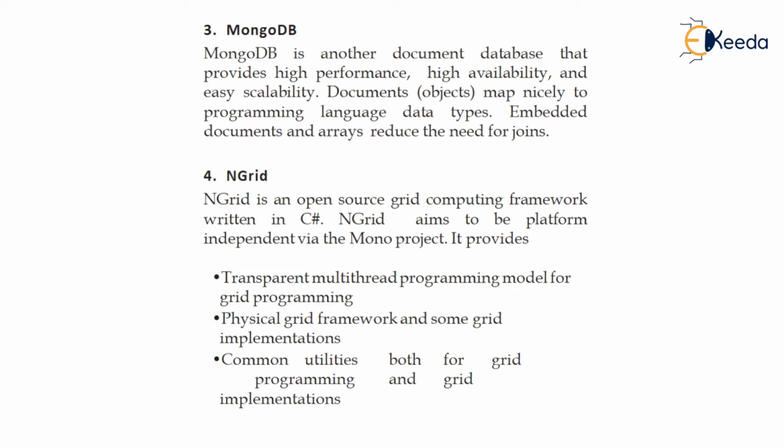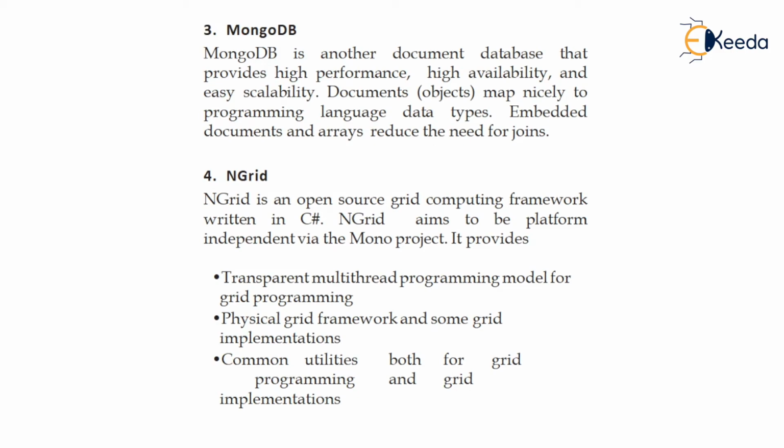It also provides common utilities both for grid programming and grid implementations. Ngrid, or precisely ngrid.core, is a two-side grid abstraction layer for the .NET architecture. The first side is the grid programming model and the second side is the grid service abstraction.